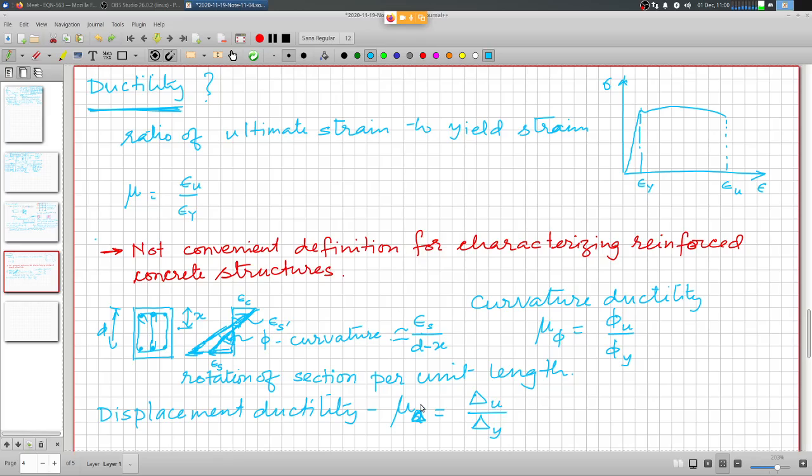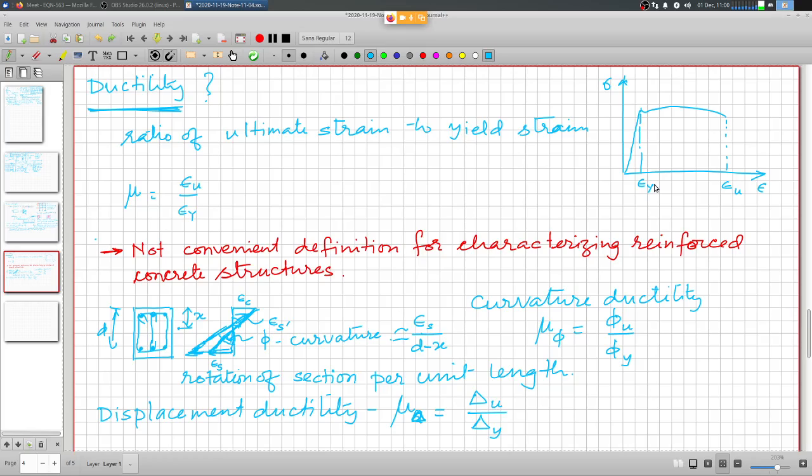It is very common, if you look at an individual member or individual section, for the ductility to be of the order of 10 or 15. In this case, just as in this yield plateau, it can be very large. It can be of the order of 15 to 20 or even 25 for high yield reinforcing bars.